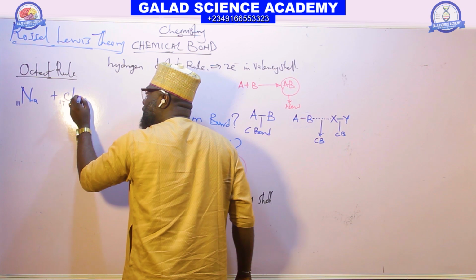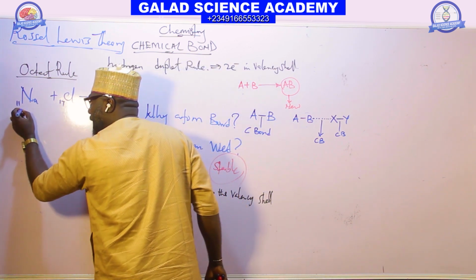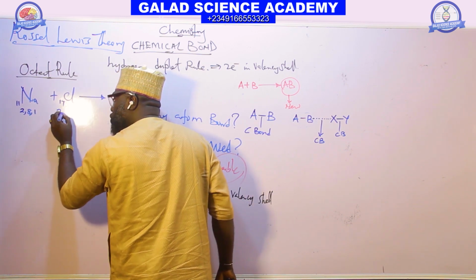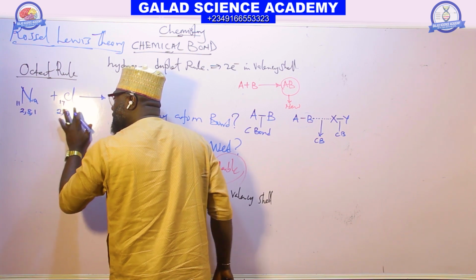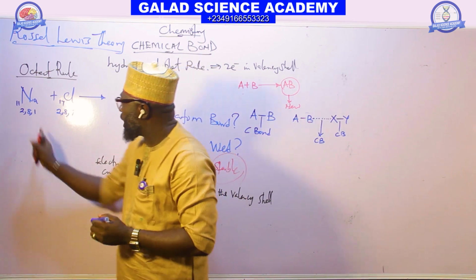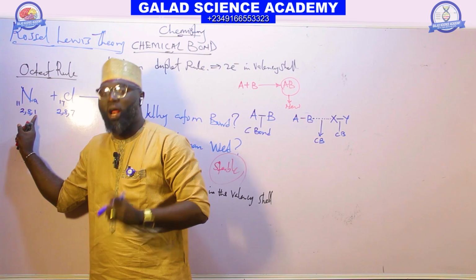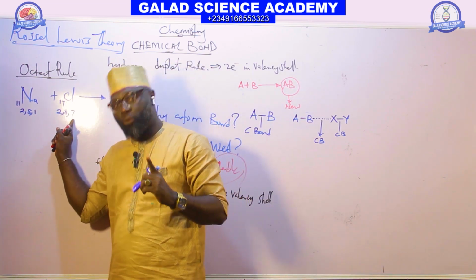So when the two react together, sodium is 2, 8, 1. Chlorine is 2, 8, 7. You can see that this is before reaction. In the valence shell of sodium, we have 1. In the valence shell of chlorine, we have 7.